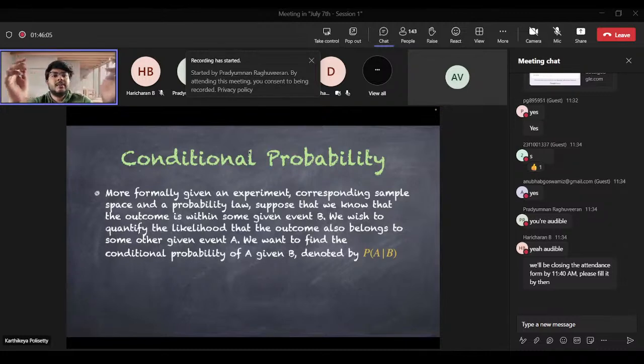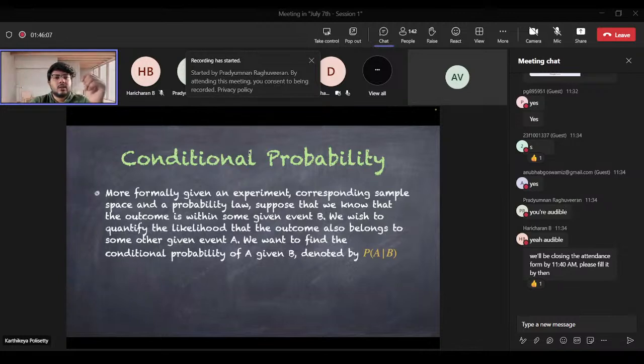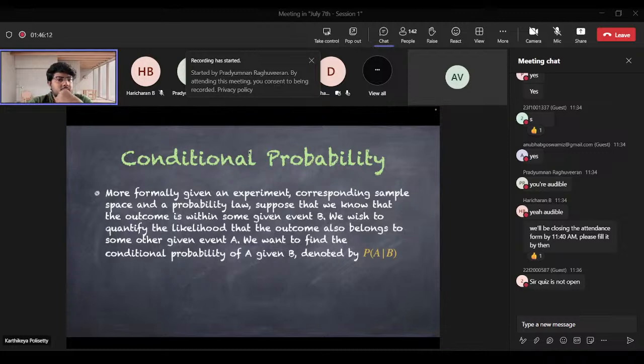So in the previous example, we saw tossing a coin twice. If the first toss is a head, then what is the probability that both the outcomes are heads? So how can we relate that to this statement? So what do you think is the event B in that example?